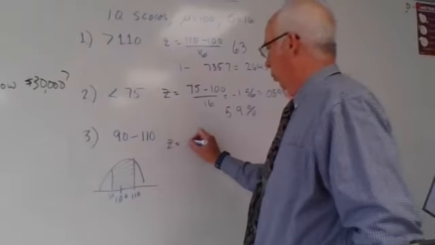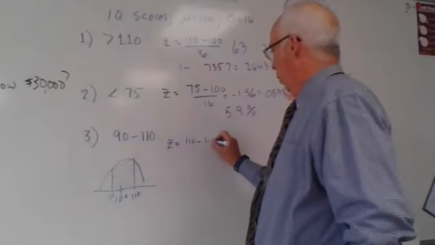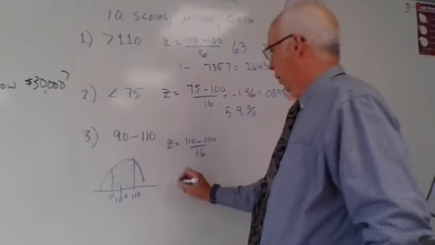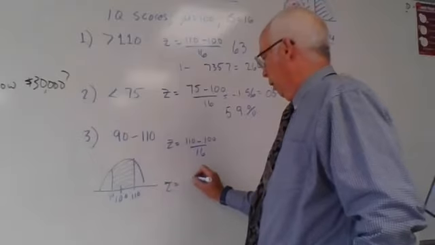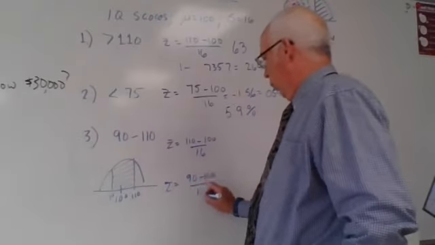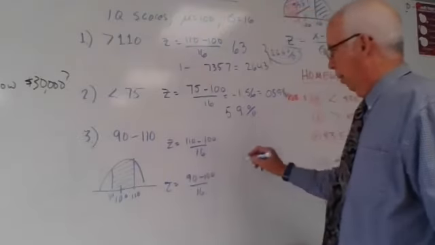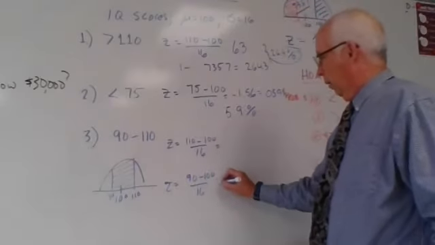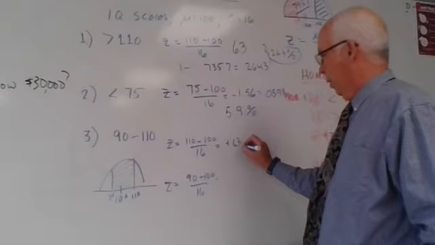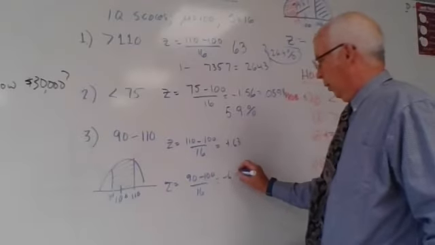So it'd be z equals 110 minus 100 over 16 for the 110, and then for the 90, it's going to be z equals 90 minus 100 over 16. I'll explain why I put the larger on the top. We do the quick math, and this was a positive 0.63. This was a negative 0.63.